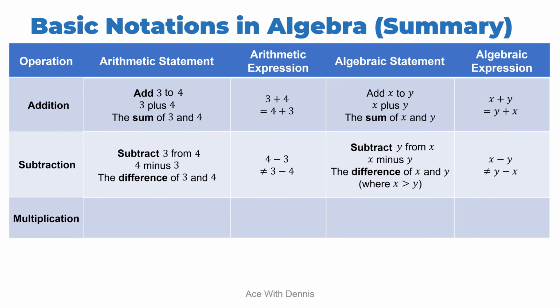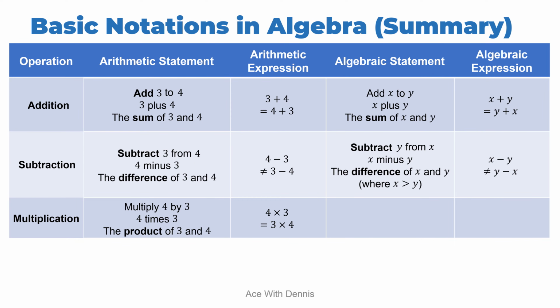For multiplication operation, the arithmetic statement can be multiply 4 by 3, or 4 times 3, or the product of 3 and 4. In arithmetic expression, it can be written as 4 times 3, or 3 times 4.